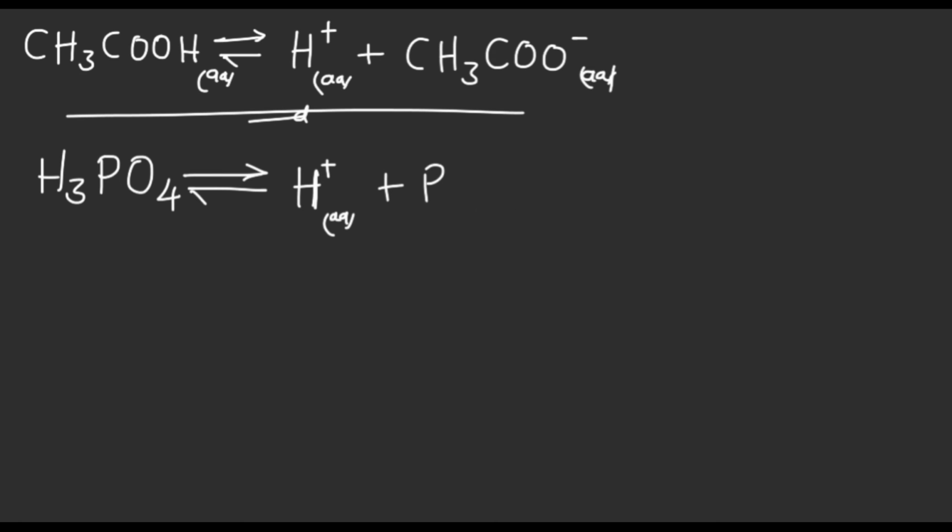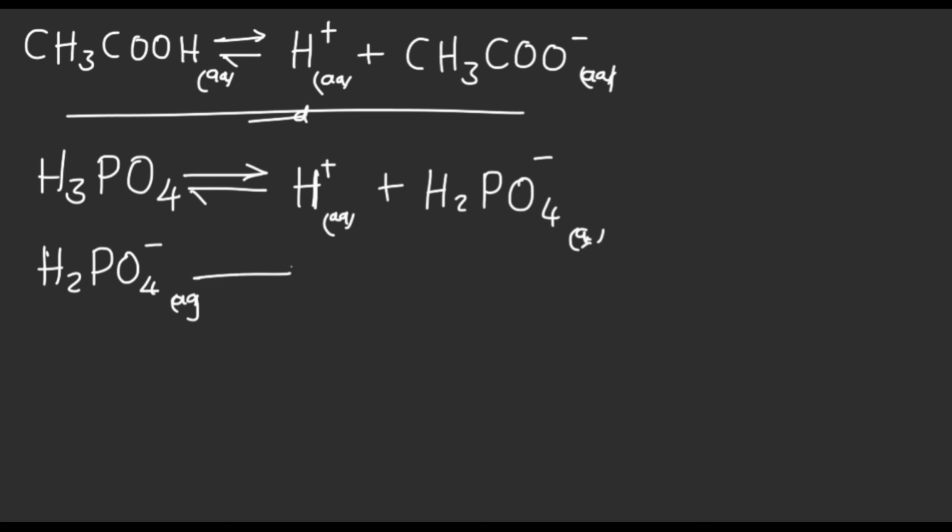So this should be H2PO4 minus. Then we bring this to the left side, so we have H2PO4 minus aqueous. We remove the second hydrogen. We are going to have this hydrogen plus, so we only have now one hydrogen atom remaining.